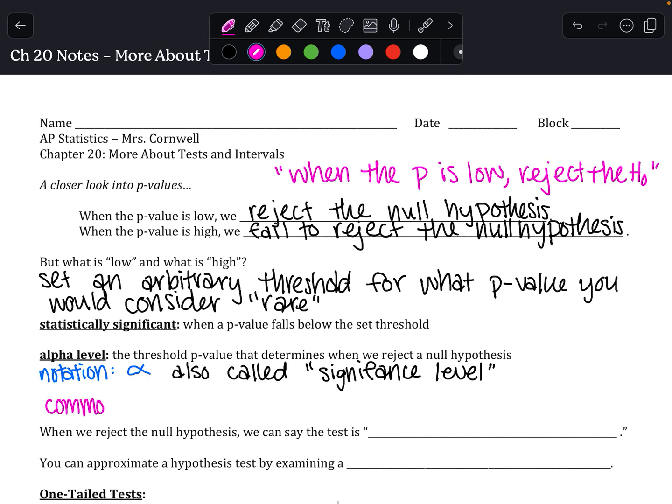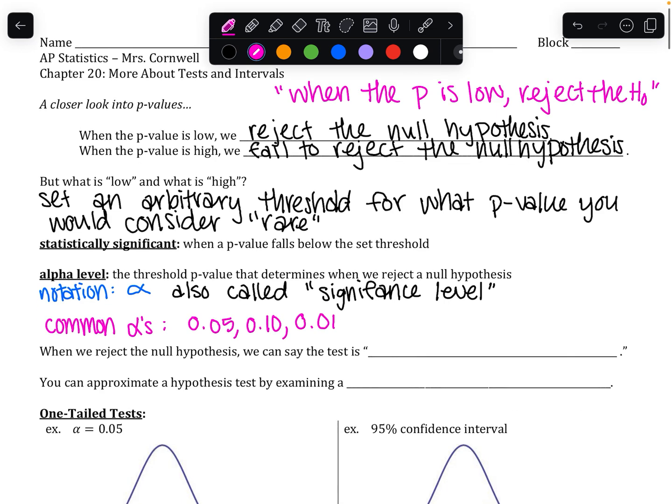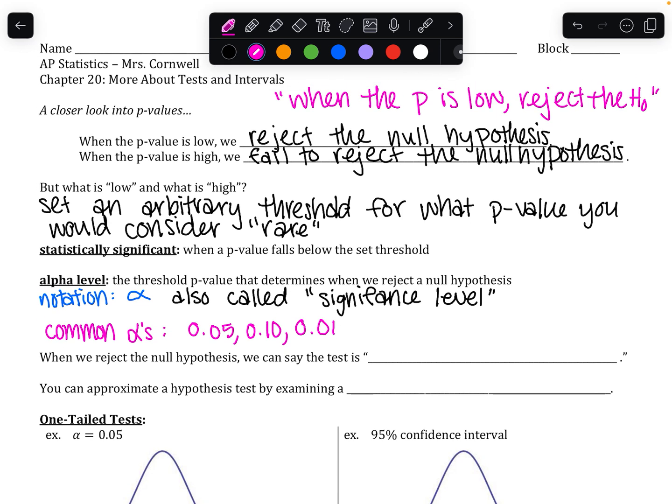The most common alpha levels that you'll see are 0.05, 0.10, and 0.01. But that doesn't mean you can't have other numbers. Those are just the ones that are chosen most often, and it kind of depends on the context which one you would choose. Okay?